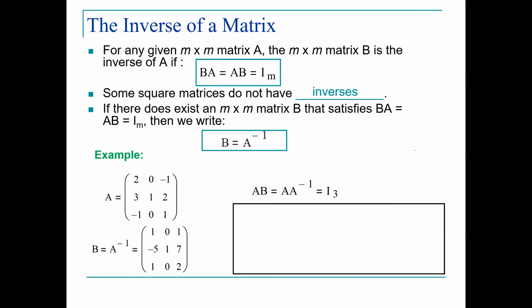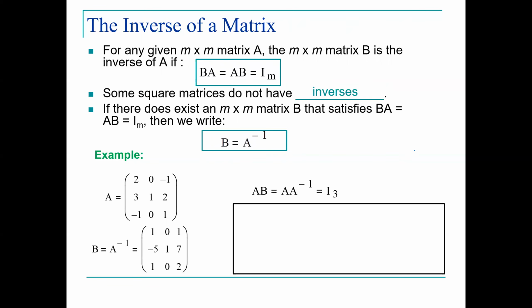So for example here, we have matrix A, which has 3 rows and 3 columns, so it's a square matrix: 2, 0, minus 1, 3, 1, 2, minus 1, 0, 1. And we can find a matrix B that, when multiplied by A, is going to give us the identity matrix.